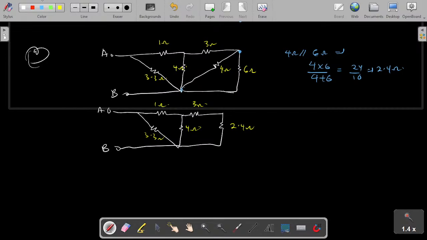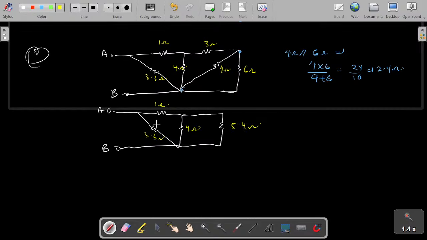I will collapse it without even redrawing, removing this because it's 3 ohms. Then I'll have my circuit completed. Then I'll change the value for my 2.4, and that will become 5.4 ohms. So now look at where we have reached.